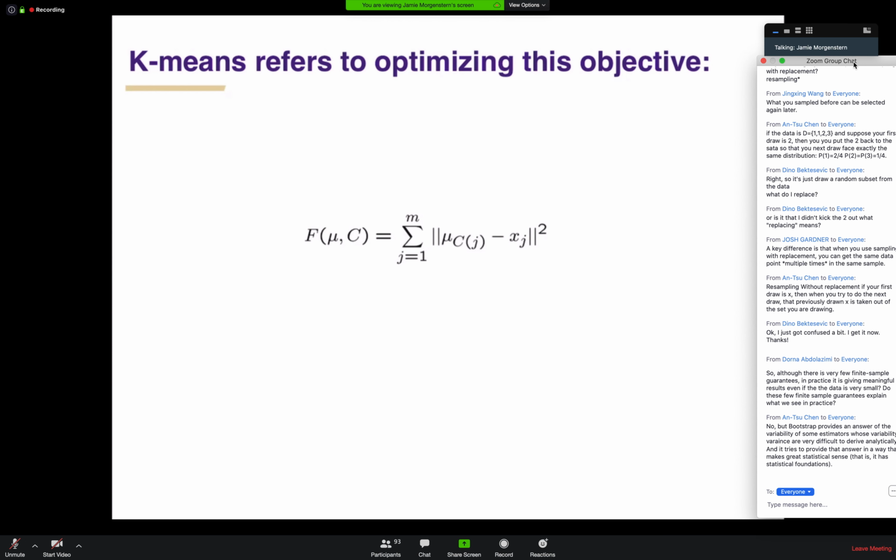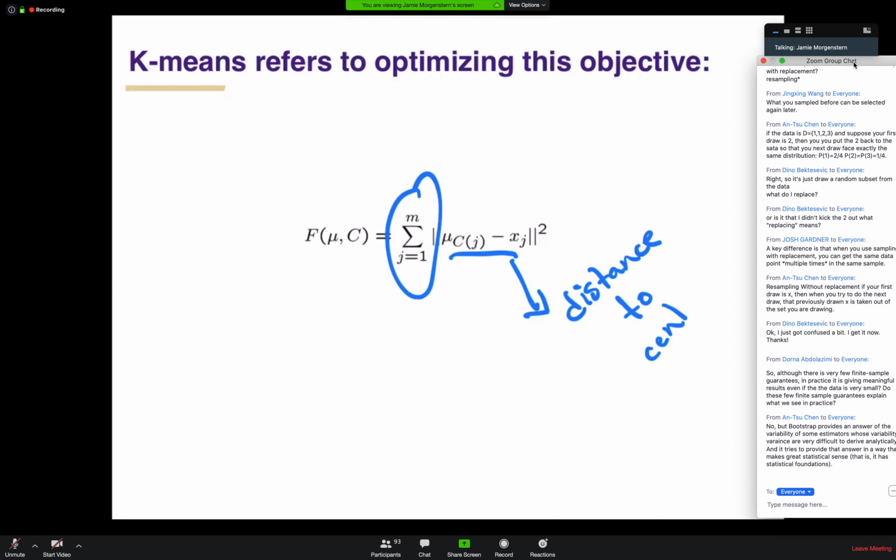And the objective function measures the average distance between every point and the center of its cluster in L2 squared distance. So this is just summing up over all points in my data set the distance to the center.